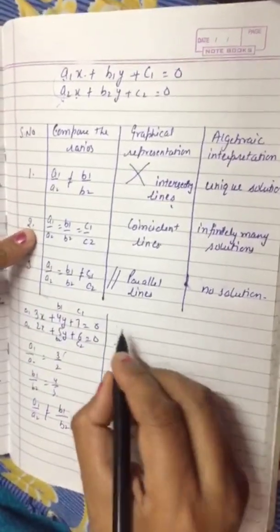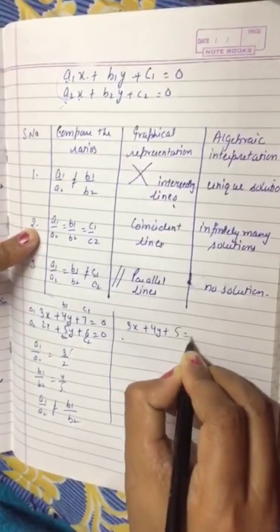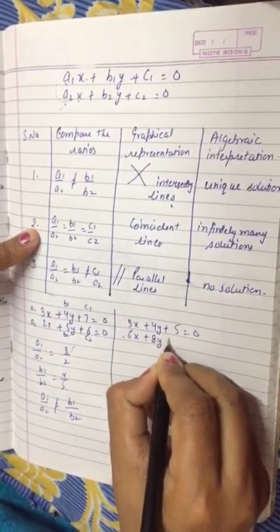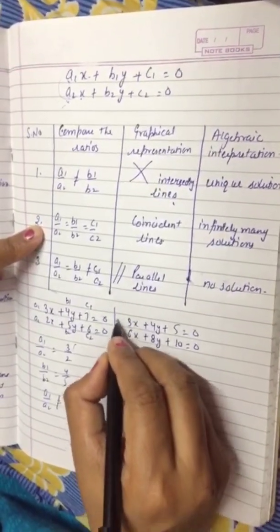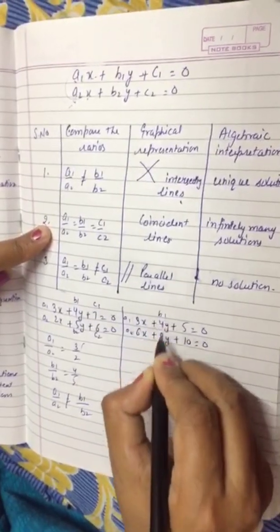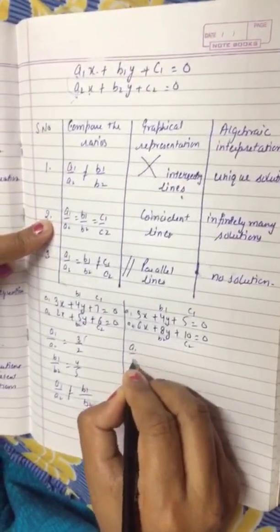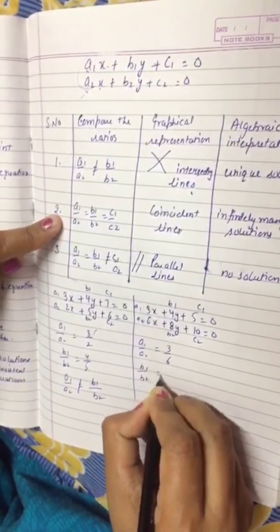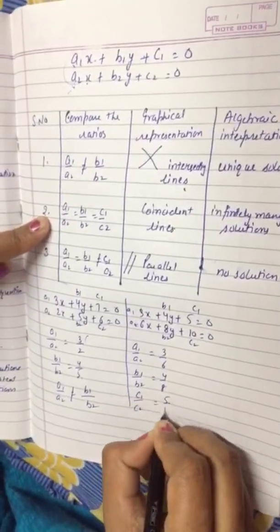Similarly, I am going to discuss the second case. 3x plus 4y plus 5 equals 0 and 6x plus 8y plus 10 equals 0. When I compare a1 by a2, b1 by b2, and c1 by c2: a1 by a2 is 3 by 6, b1 by b2 is 4 by 8, c1 by c2 is 5 by 10.